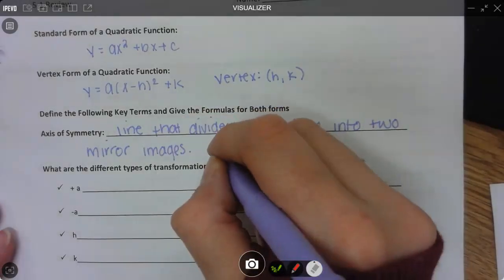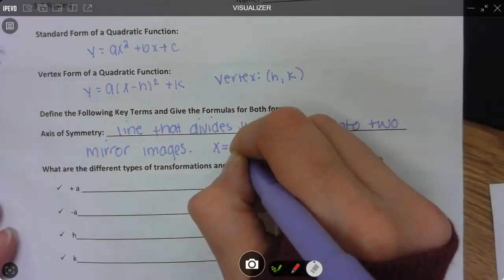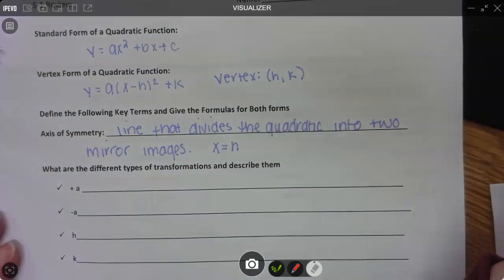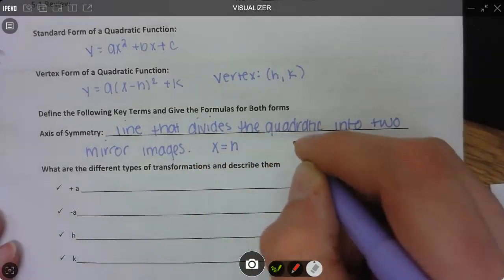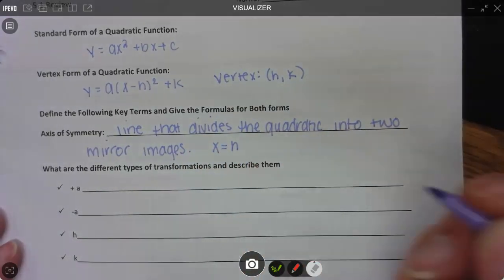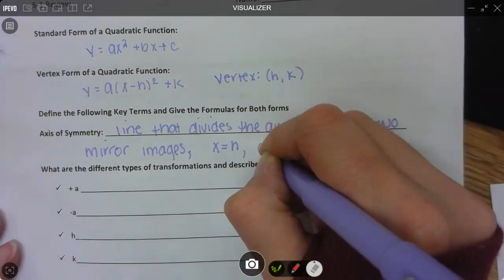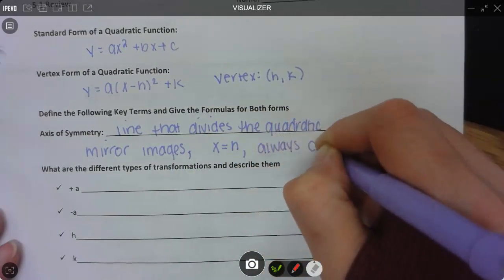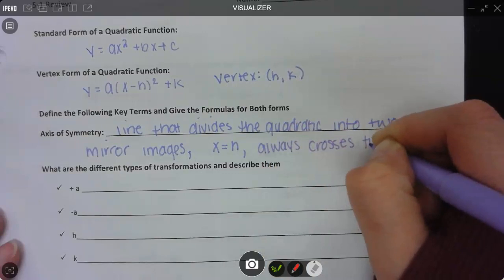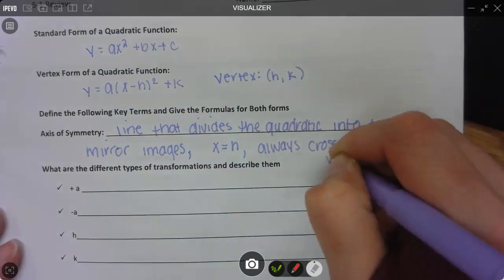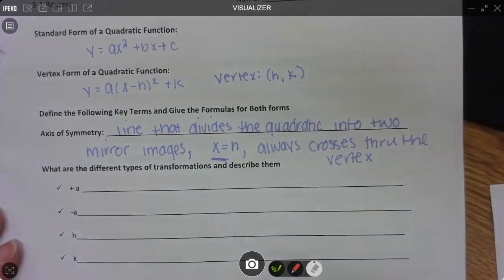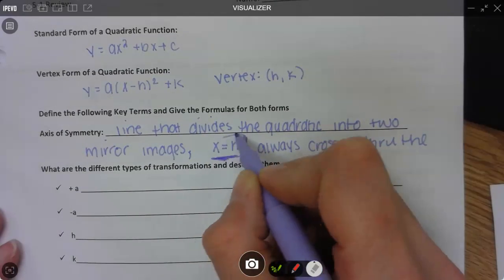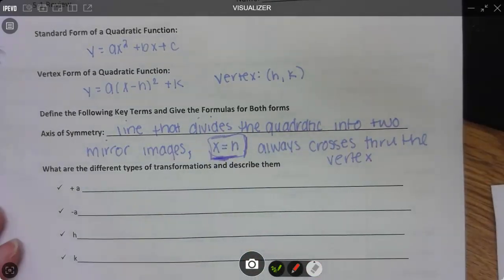Its equation is always x equals h, meaning the line will always cross through the vertex. If I ask you to identify it, you need to make sure you have x equals as part of your answer.